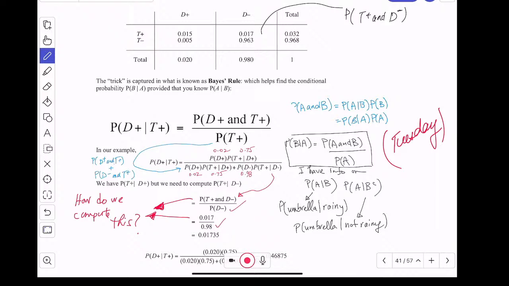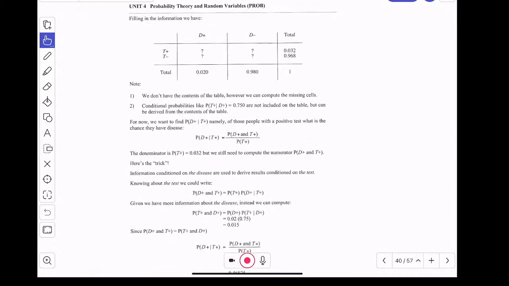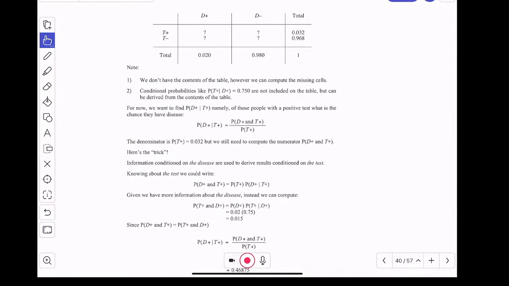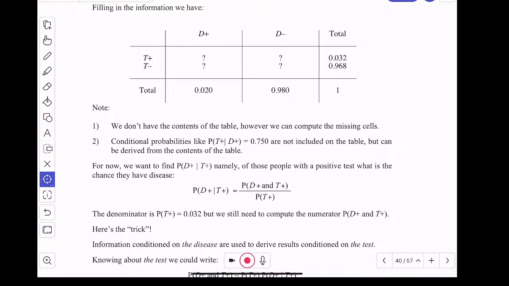Now, how would I find it? Well, if we look back, we did get this information. We got information on the chance of the disease. We got information on the chance of testing positive. And then, knowing the construct of this table, you can figure out what negative test is, this is the complement.